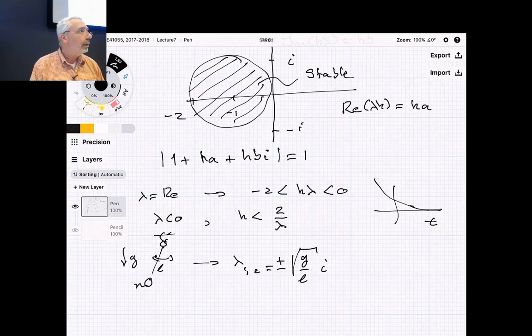The point I want to make is that it's purely imaginary, meaning that they live on this axis. Is any point on this axis in the stable region? Yeah, 0. Okay, so we take a step size h of 0. That's a stable result.